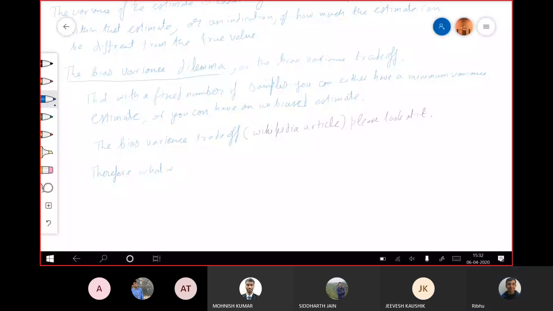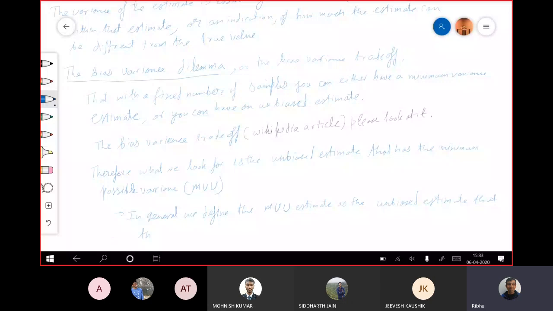So in general, we define the minimum variance unbiased estimate as the unbiased estimate that has the minimum variance out of all possible estimates.